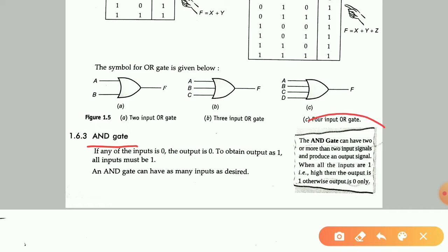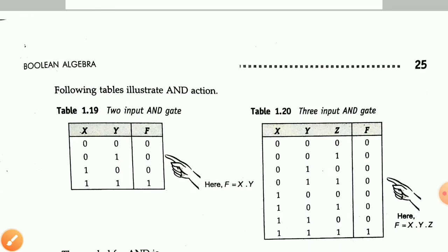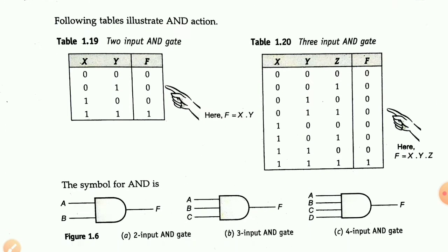So just see the definition and learn it. The AND gate can have two or more than two input signals and produces an output signal. When all the inputs are 1, that is high, then the output is 1. Otherwise it will output 0. Clear?